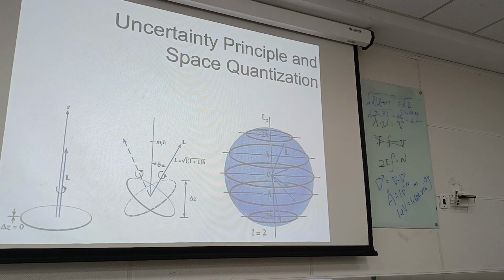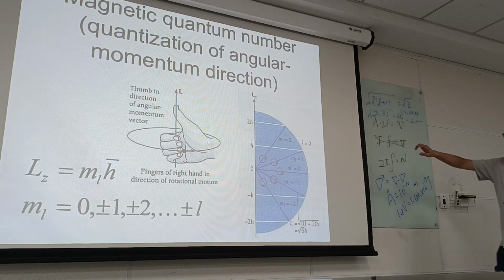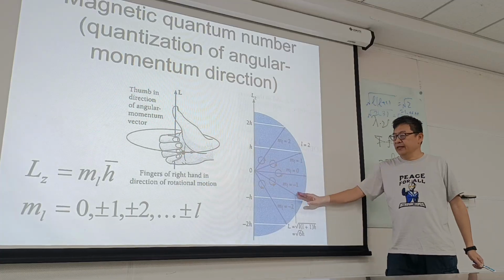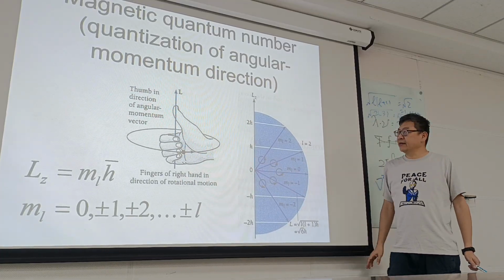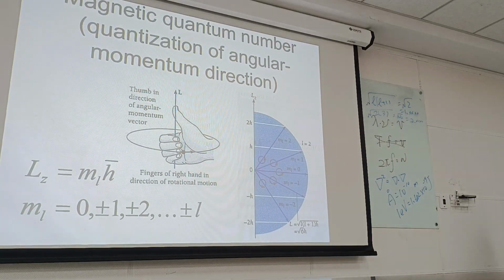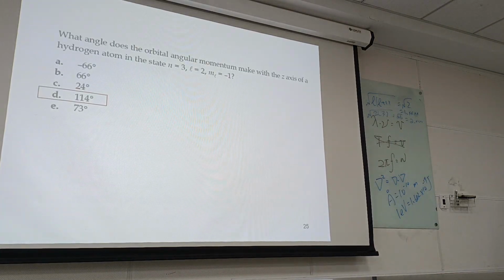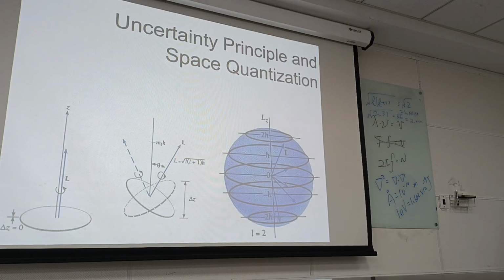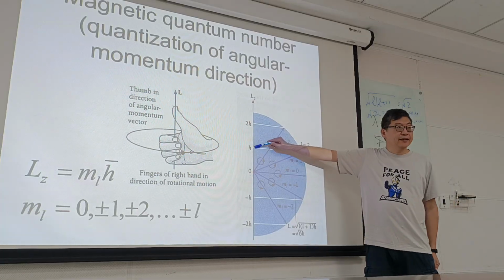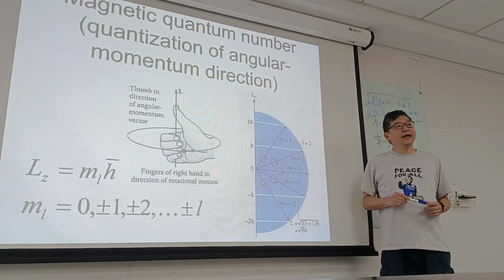L equals 2, ML equals minus 1. Okay, what's the angle to Z? Positive Z. So I want to get this angle. How do I get that?